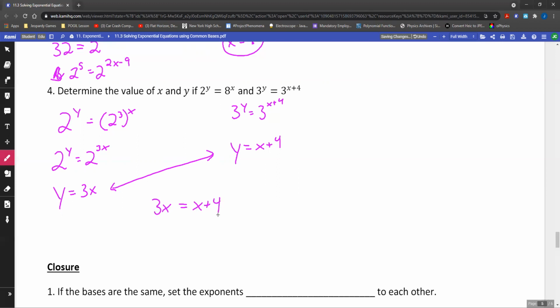And now from here, I can solve for x. And I get 2. And then I could plug this back into either one of these equations. I'll do it for this one. 3 times 2 is 6. So x equals 2, y equals 6.